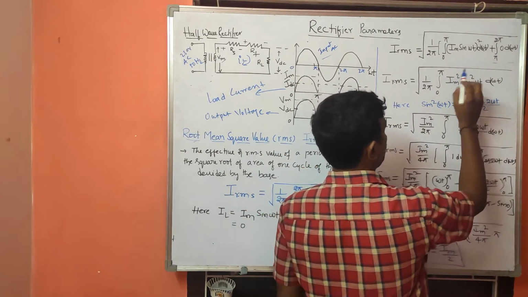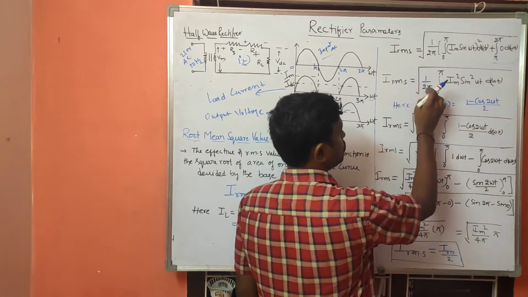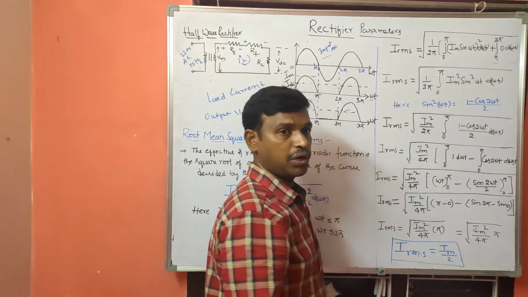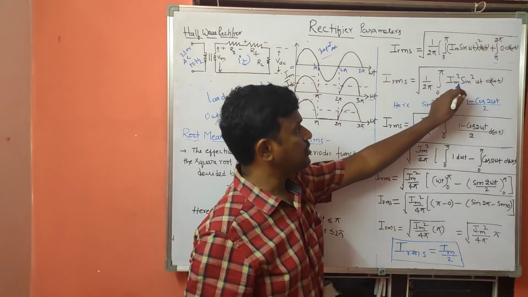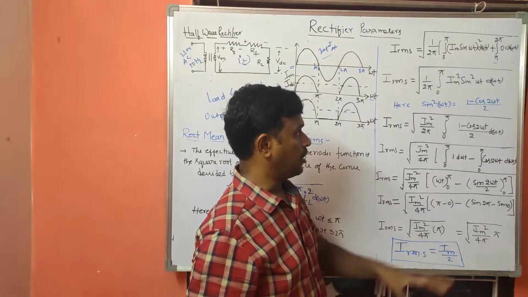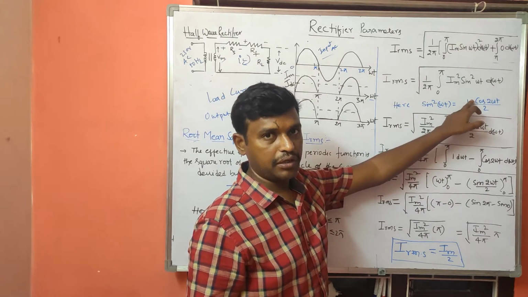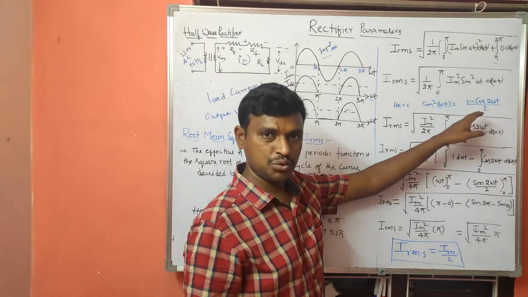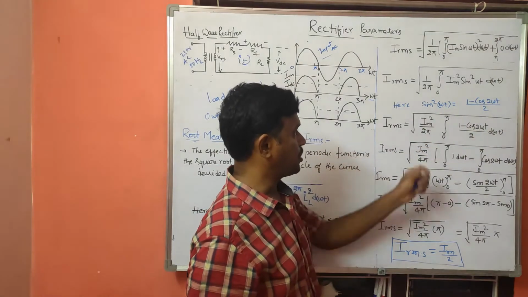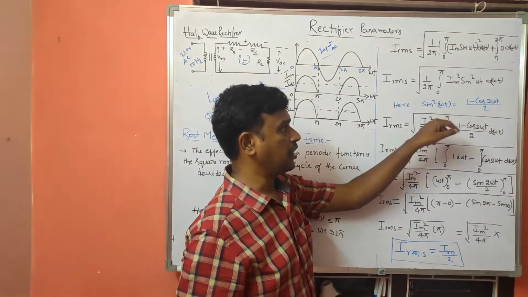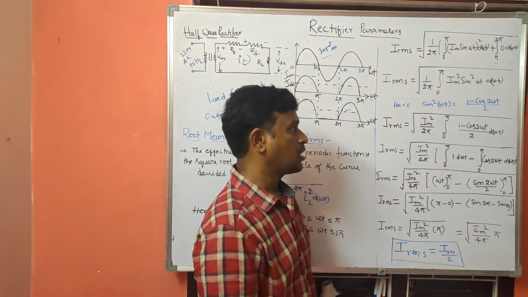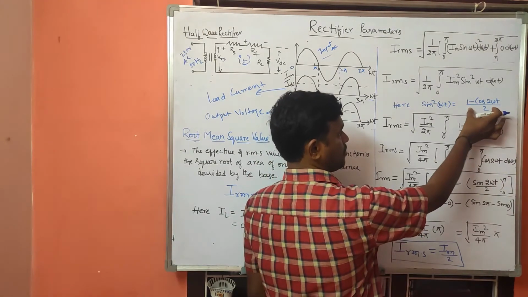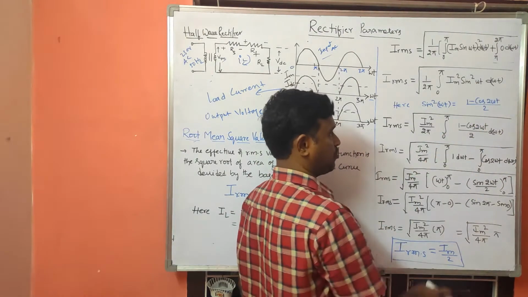So IRMS is the square root of 1 by 2 pi, integral from 0 to pi of Im square sin square omega t d omega t. In trigonometry, sin square theta is equal to (1 minus cos 2 theta) by 2. So sin square omega t is equal to (1 minus cos 2 omega t) by 2, and I substitute that in place of sin square omega t.